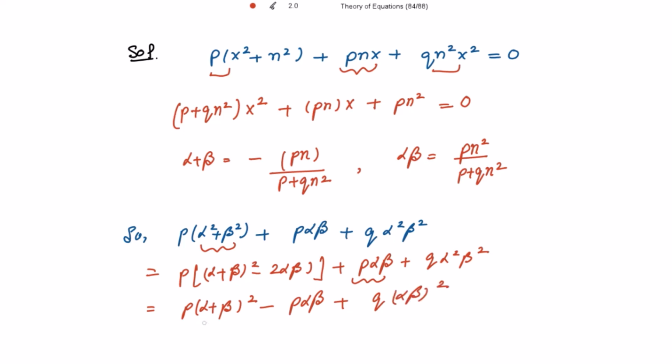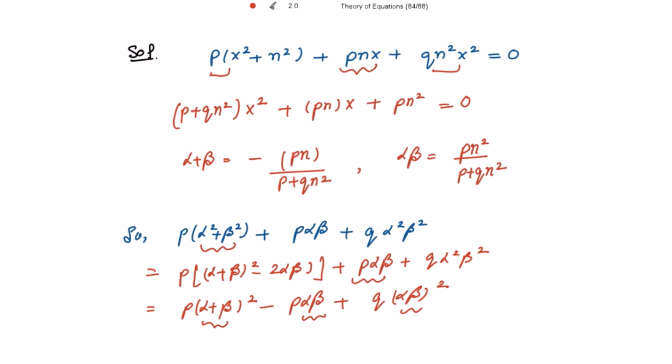Now just put the value of the sum of the roots and the product of the roots over here. So we get p into (alpha + beta) whole square, that is negative of p n divided by p + q n square, whole square, which gives the positive value, p n square divided by (p + q n square) whole square.